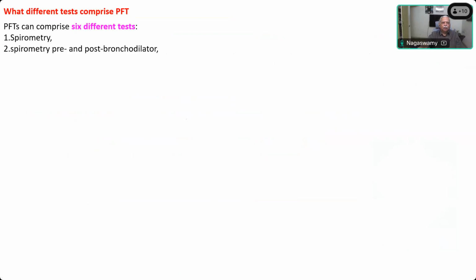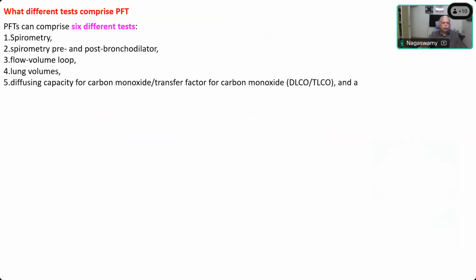If you think that you will straight away be shown only the PFT report and asked to interpret it, there are 6 different tests you can do: spirometry, pre and post bronchodilator, flow volume loops, lung volumes, diffusing capacity, and bronchoprovocation challenge test. Okay, these are all the things that can be done in the pulmonary function lab.